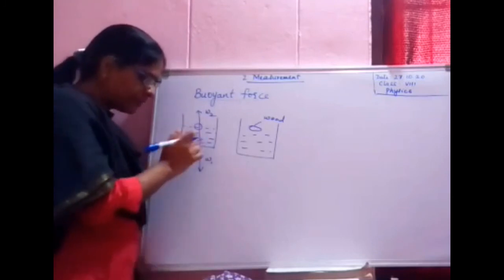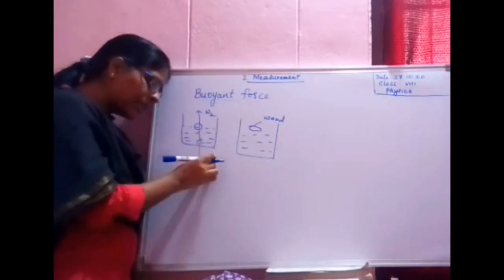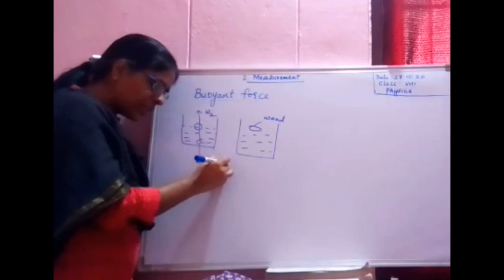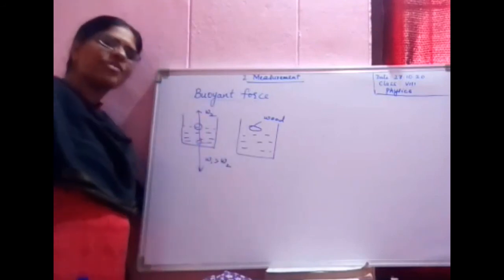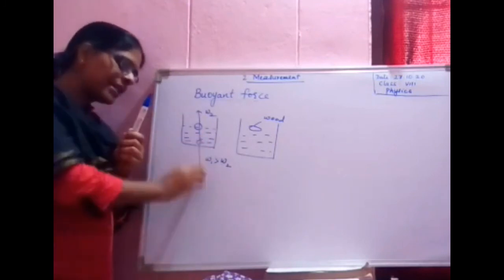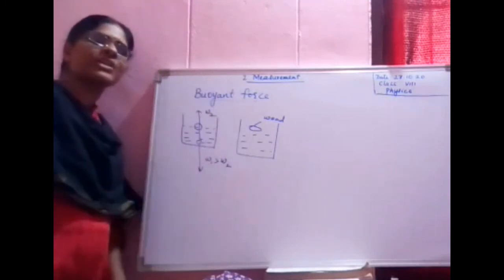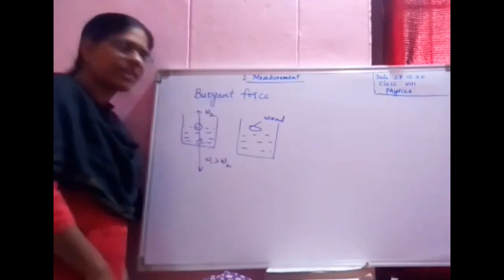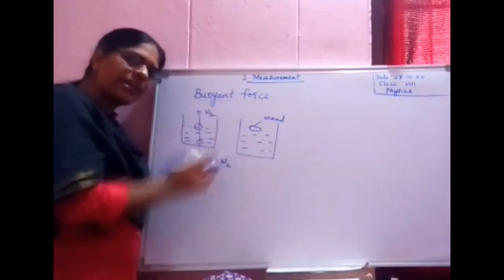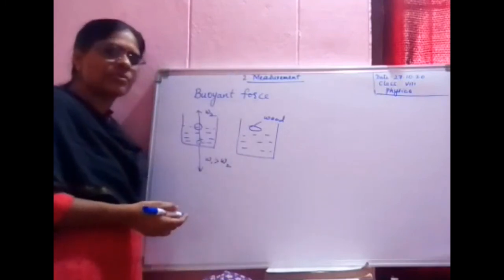If the stone is sinking, it means the weight W1 is more than W2. Does the object move toward the side where the force acting is greater or not? Yes. W2 is less than your W1. Hence, the object tries to sink down.